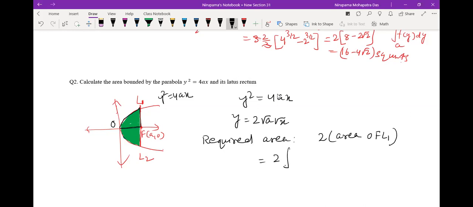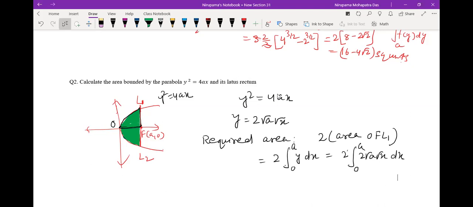Here you see the third step, finding the limit. We are already given the limit, because one boundary is x equal to 0 and the other boundary is x equal to a, so it is from 0 to a, y dx. Here y is a function of x, so y means 2 root a root x dx.